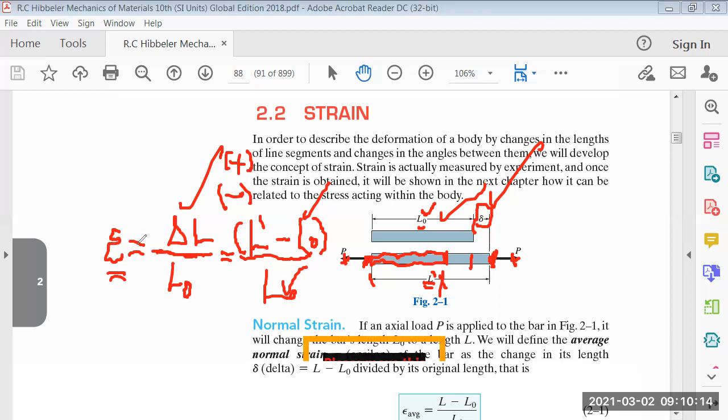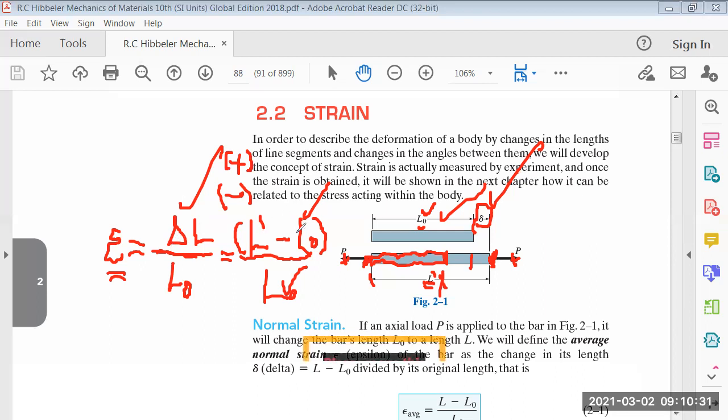The strain still is a dimensionless quantity, and we have to get delta L, which means change in length, over the original length.